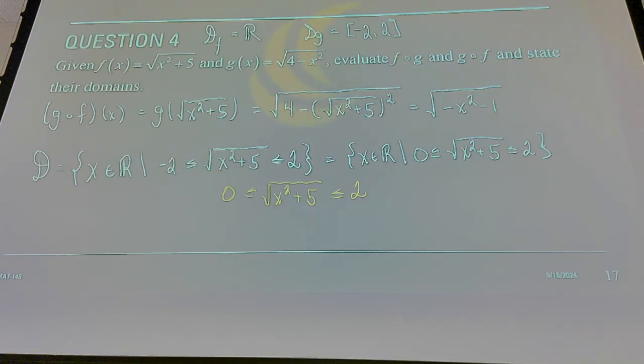I'd square everything. Should I keep going? Guess so. Subtract everything by 5.